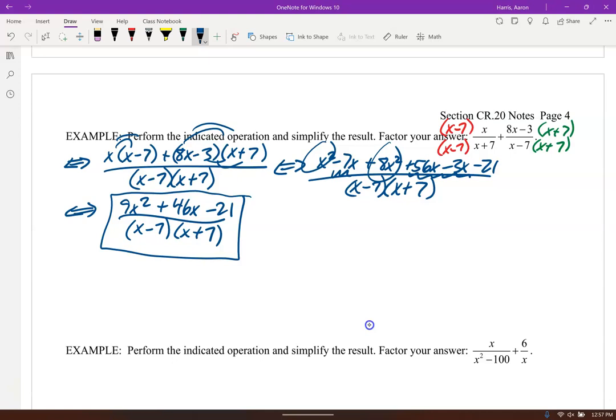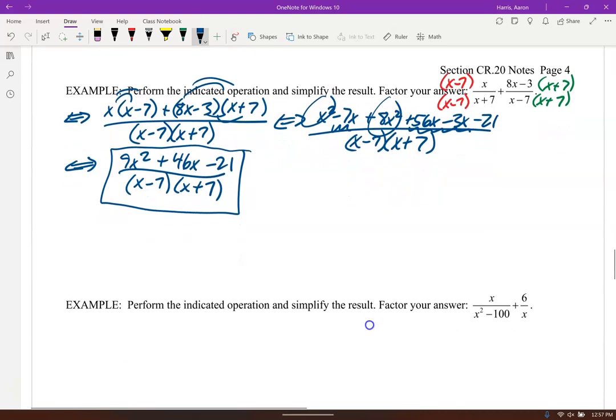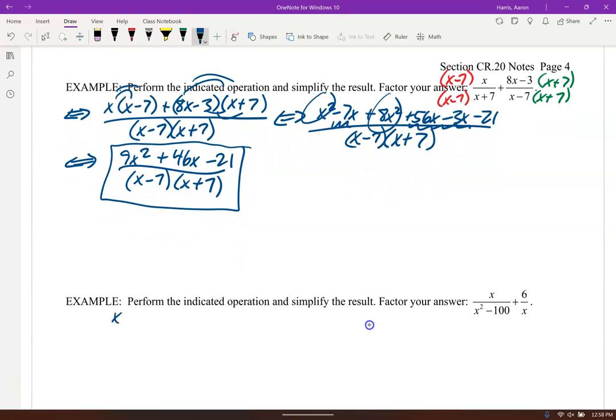Now this next example, the x squared minus 100, notice that's not factored yet, so I'm going to go ahead and factor it since it's not factored for us. So difference of squares. And so notice the one on the right has an x.